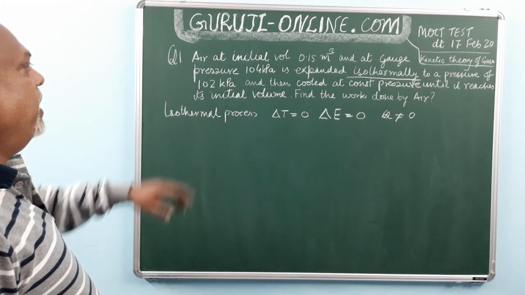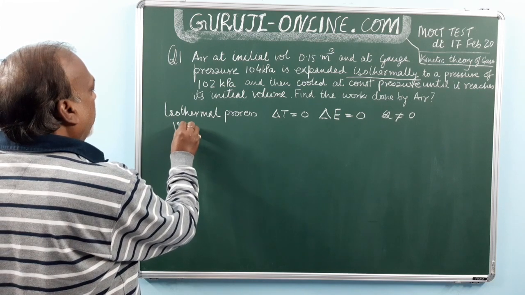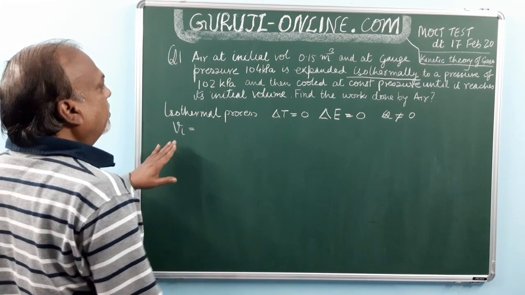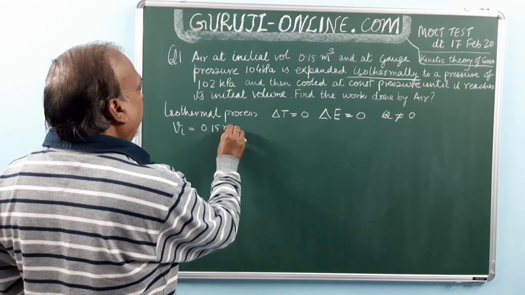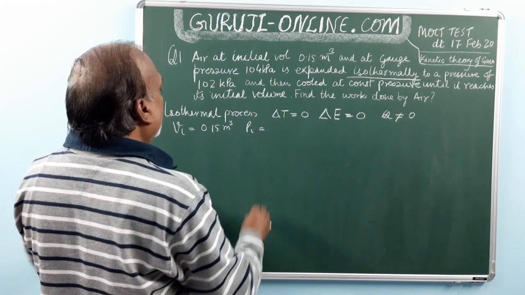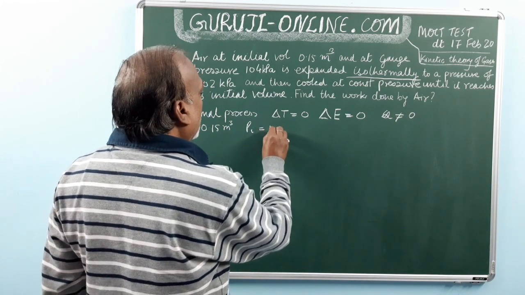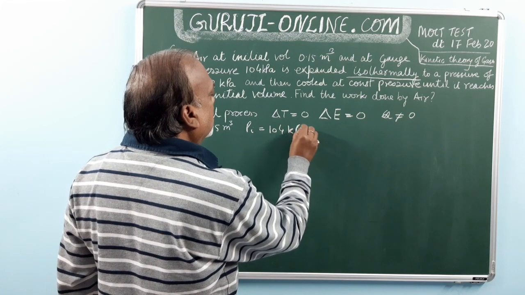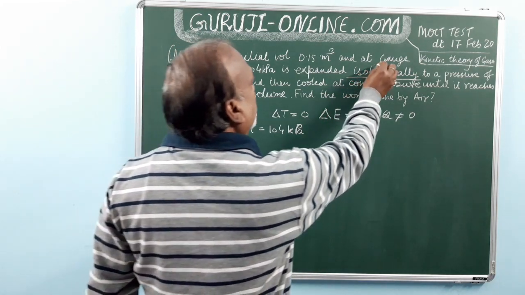Here, what are the parameters given? That is VI, that is initial volume, 0.15 meter cube, and PI, that is initial pressure, that is given as 104 kilopascal, but this is basically gauge pressure.